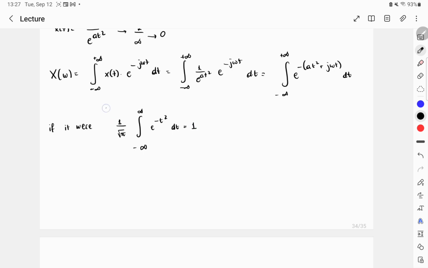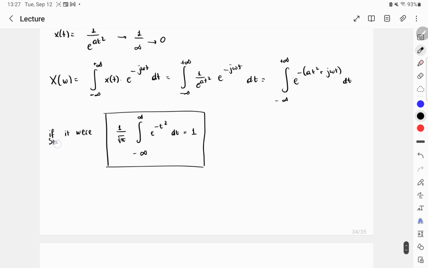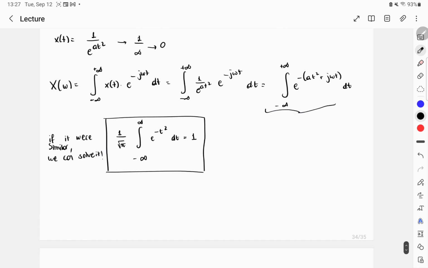If it were this one, we know. So if it were similar to this, we can solve it. So we need to make it somewhat similar.